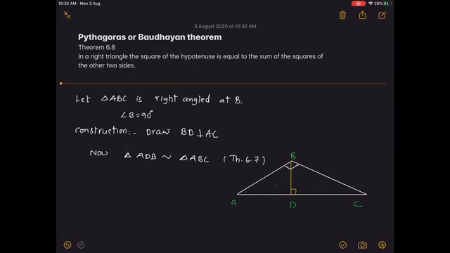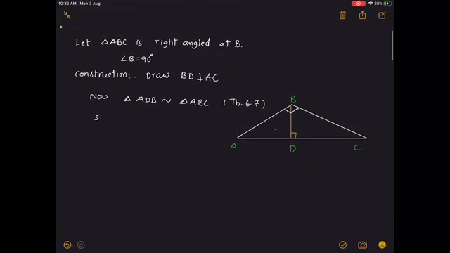As the triangles are similar, the sides will be proportional. So AD by AB is equal to AB by AC, since sides are proportional. Now let us cross multiply.